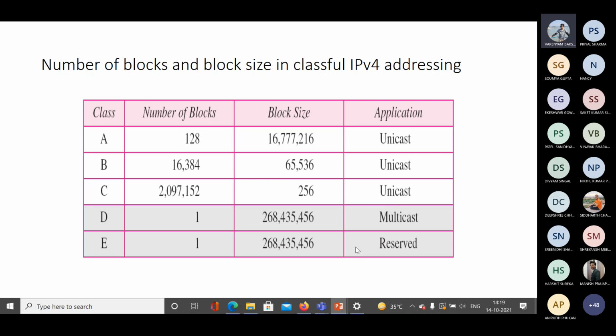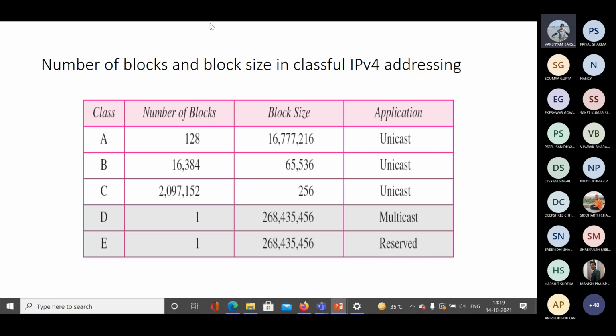The last category is a reserved category of IP addresses, class E, and all the three others, that is class A, B, and C. See, they have this many address blocks. 128, because you know that you have only 7 bits of network address there.